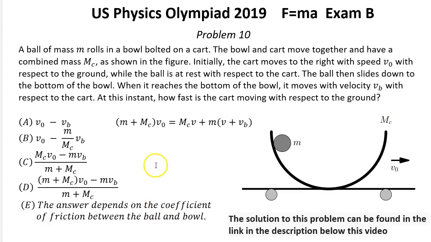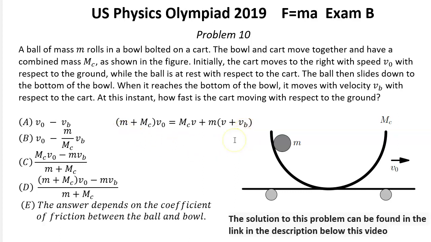Initial momentum, which is small m plus mc multiplied by initial speed v0, must be equal to the momentum of the cart with the bowl, which is mc v, plus the momentum of this small ball, which is m multiplied by speed v plus relative speed vb.